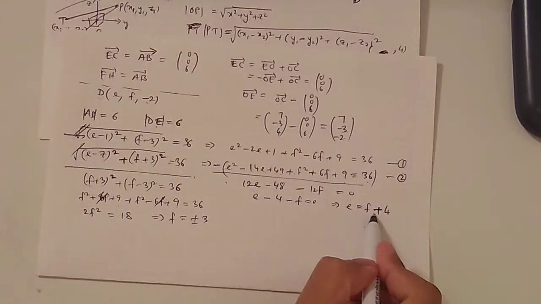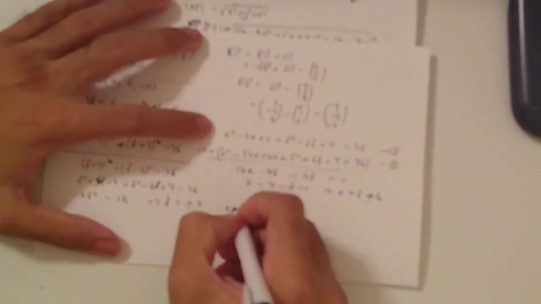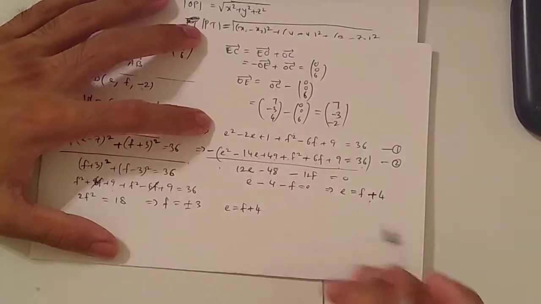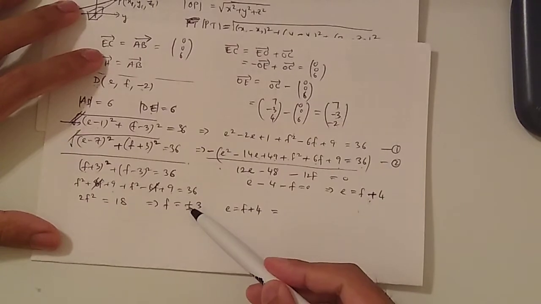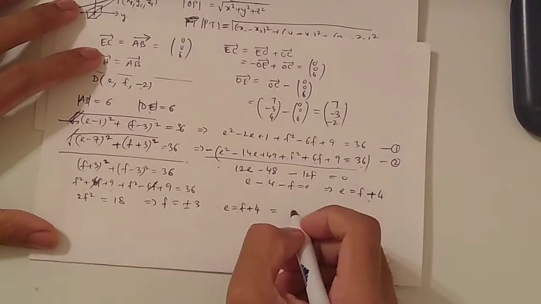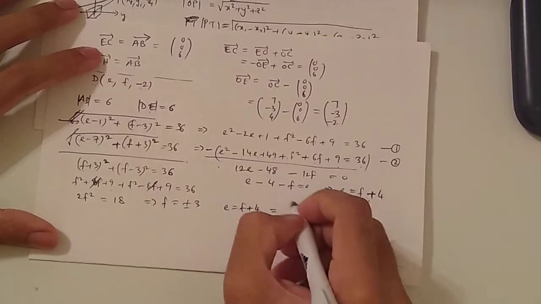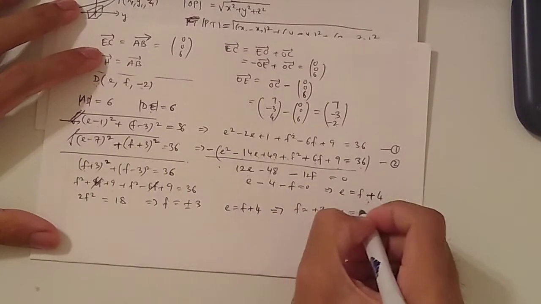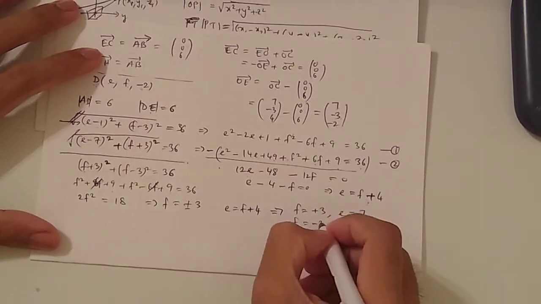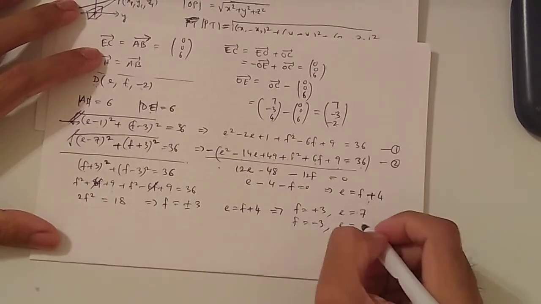Now e is equal to f plus 4, and therefore when f equals plus 3, we get e is equal to 7, and when f equals minus 3, we get e is equal to 1.